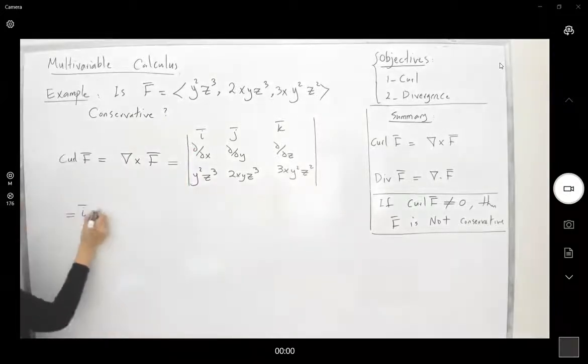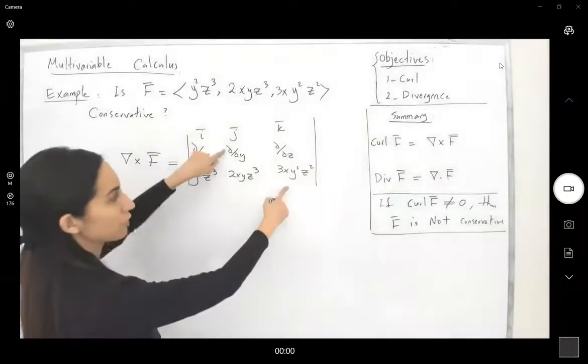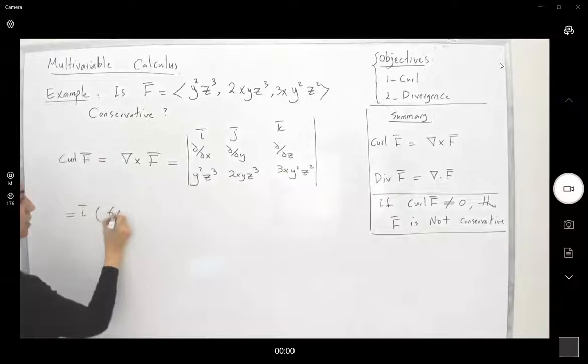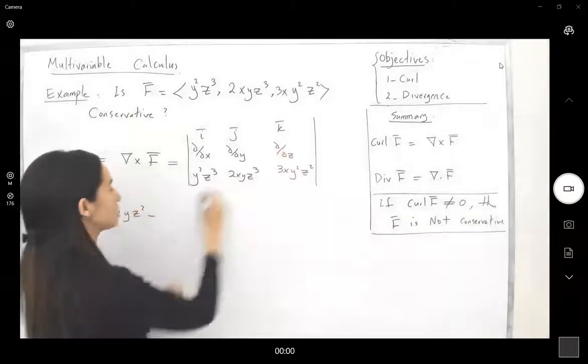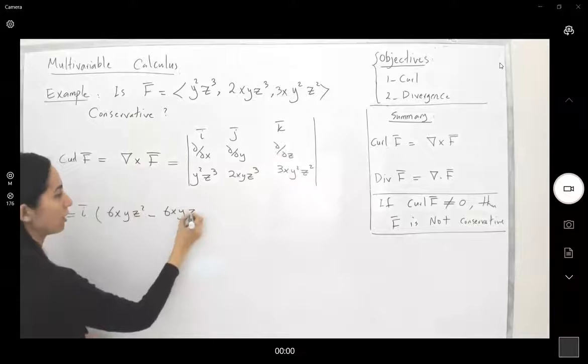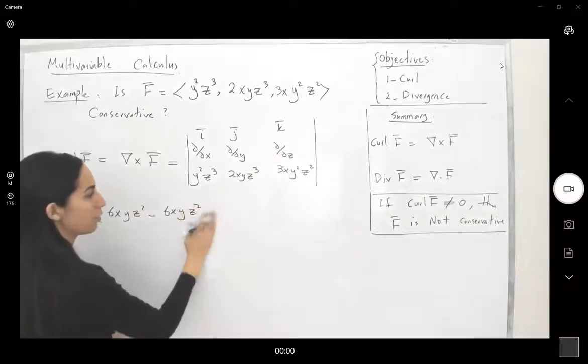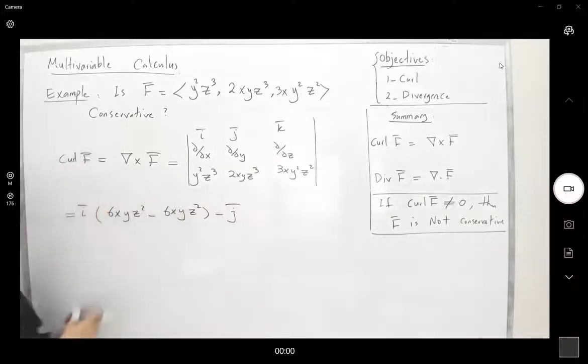Well, I have i. So partial derivative with respect to y is 6xy z squared, minus partial derivative with respect to z, 6xy z squared, minus j.